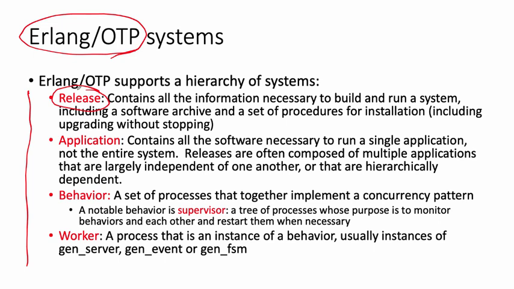A release is the full thing, all the information necessary to build and run the complete system, including a software archive and a set of procedures for installation, including upgrading. So this is the full deal. That's the biggest one. The second one, a little bit simpler, is called an application. A single application would be like a web server or text processor or some big data tool, whatever, a database.